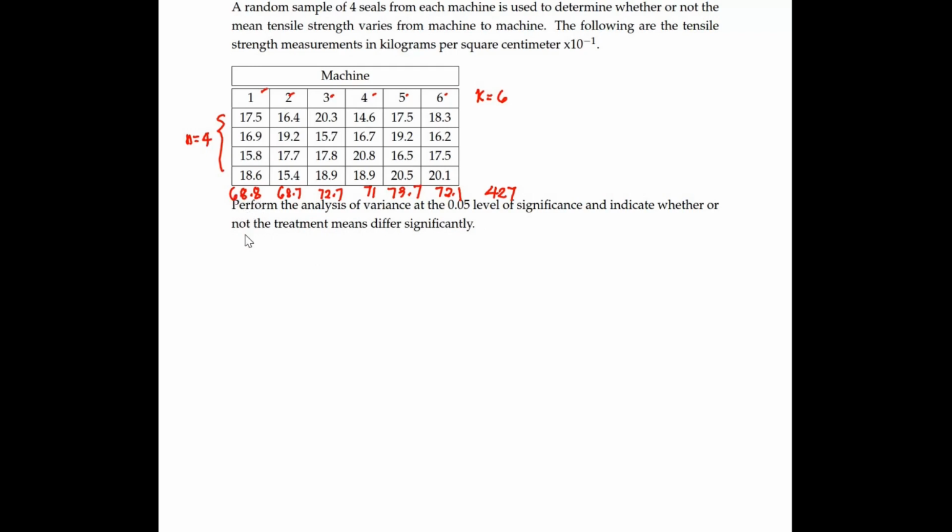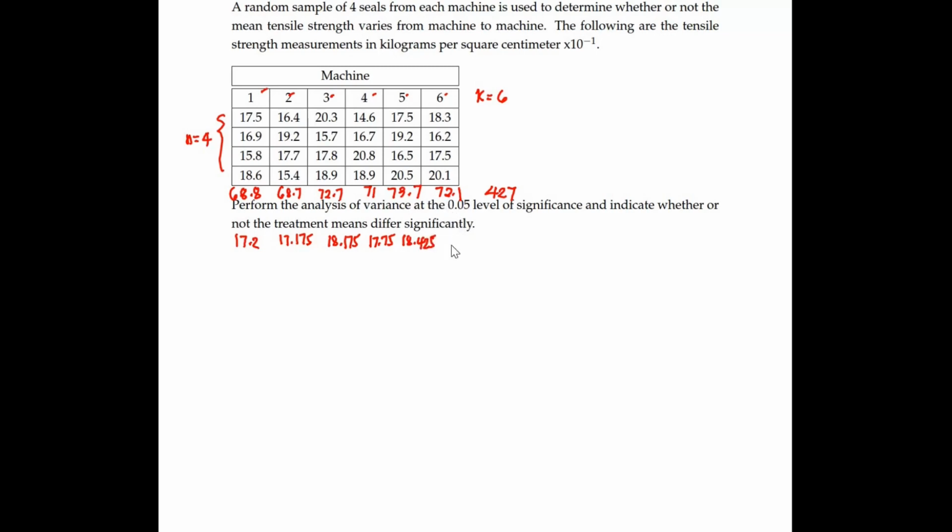Next, let's compute the mean for each column. So 68.8 divided by 4, that will give you 17.2. 68.7 divided by 4 is 17.175. 72.7 divided by 4 is 18.175. 71 divided by 4 is 17.75. 73.7 divided by 4 is 18.425.